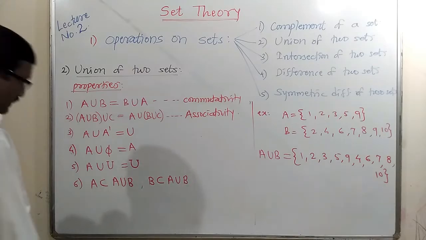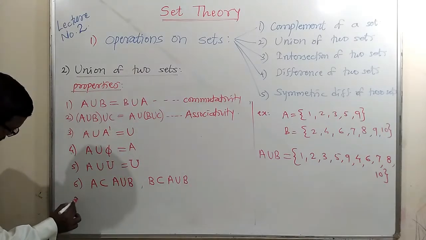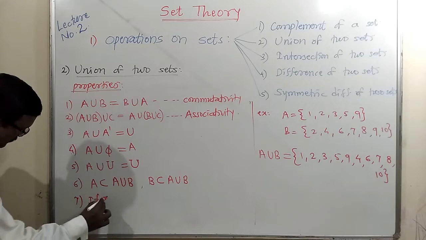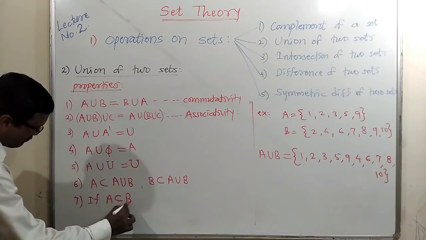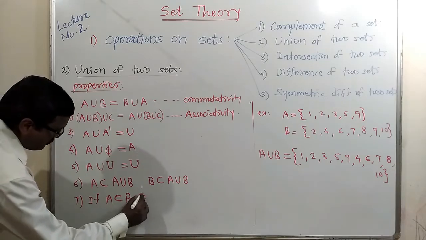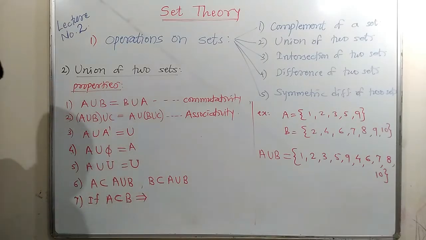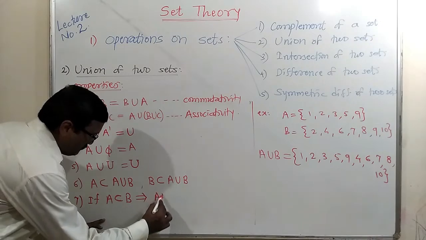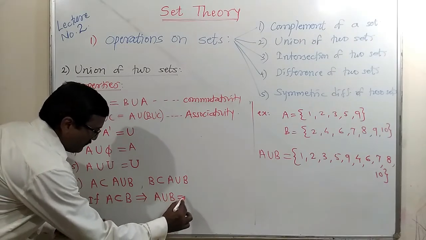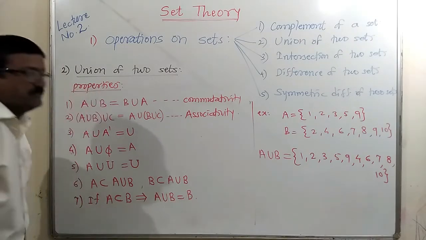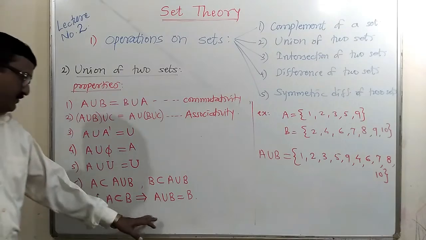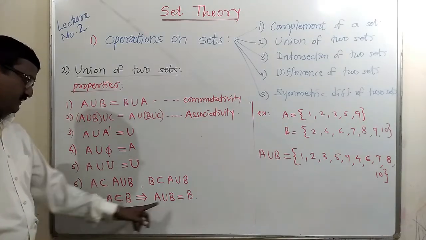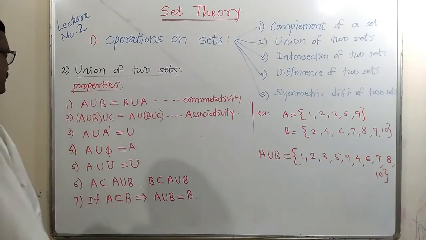And whenever A is subset of B, then A union B is always equal to B. That is, the union of subset and superset is always superset.